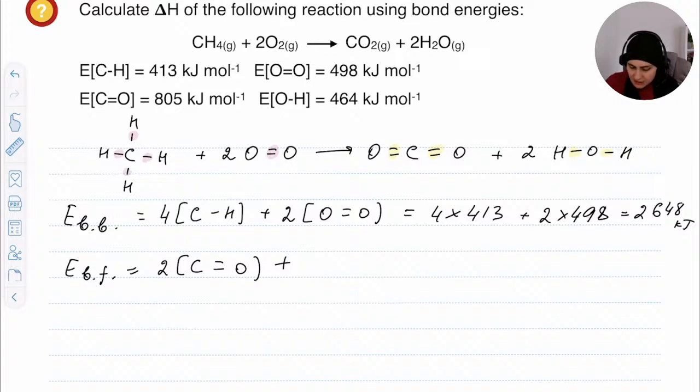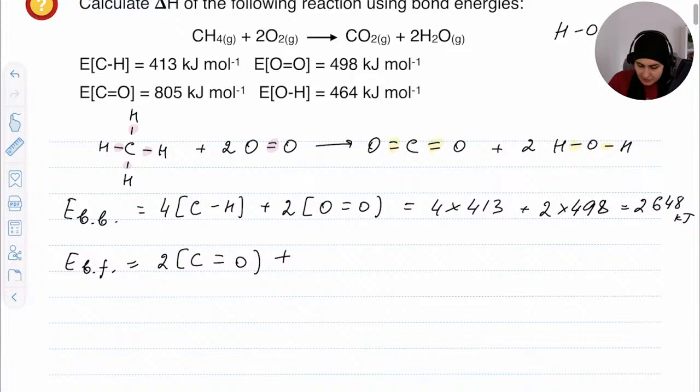Why is it 4? Because we form 2 water molecules, 2 H2Os, and each water molecule contains 2 OH bonds. This is one water molecule, it has 2 OH bonds, and we have 2 molecules like that. This is the first molecule, this is the second molecule. So how many OH bonds in total?